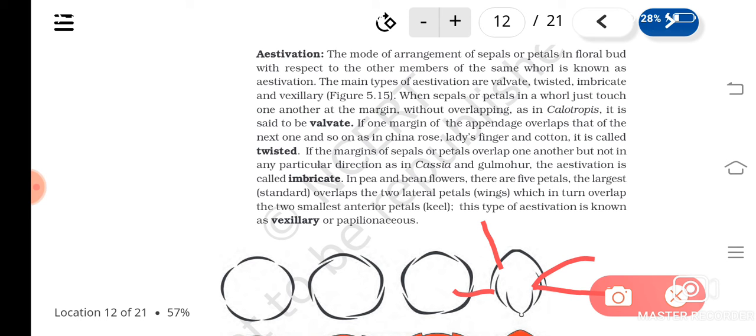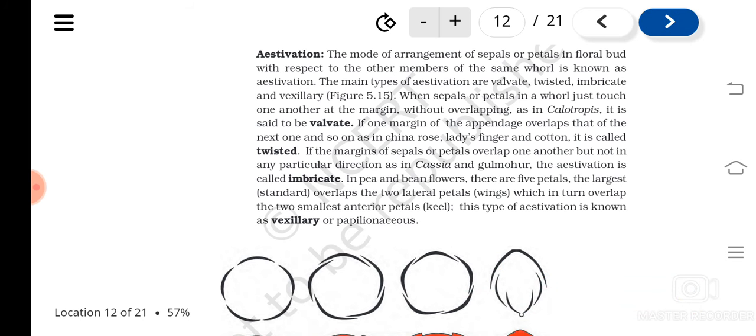And then you can see two smaller anterior petals known as keel petals. The keel petals are joined to form a single structure. Understood?